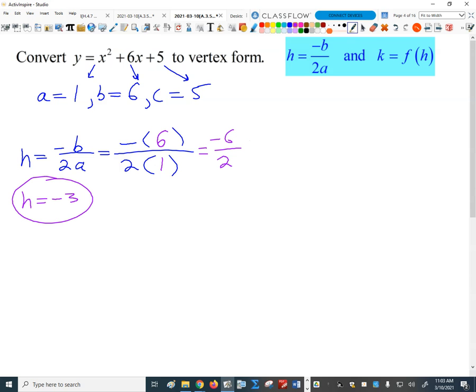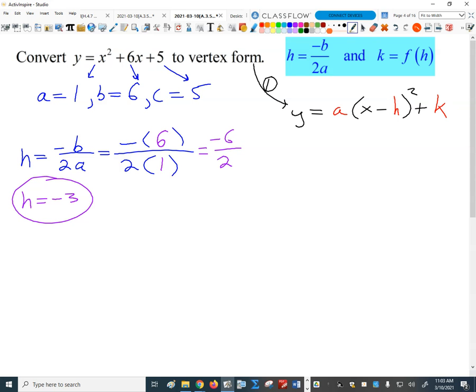Oh, and by the way, if I'm trying to write this in vertex form, the very first thing you do is you write down the template for vertex form with a's and h's and k's in it, and then we'll just plug in values from there, right? So the very first step in this whole problem should probably just be, okay, let's write down vertex form. a times the quantity x minus h squared plus k, right?